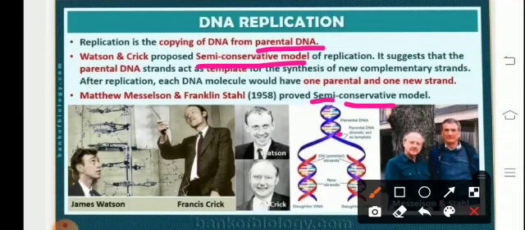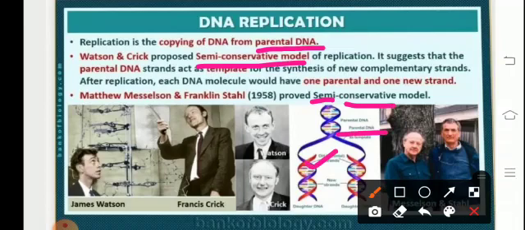So if we see, this is the diagrammatic representation of a double helical structure of DNA, where purple denotes the parental or the template strand, and the pink, which is synthesized corresponding to it, is the new strand, which is the complementary strand.